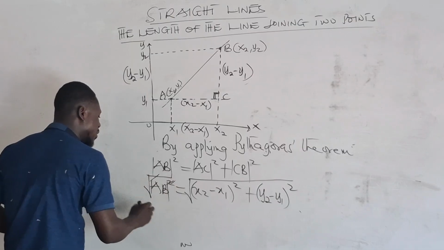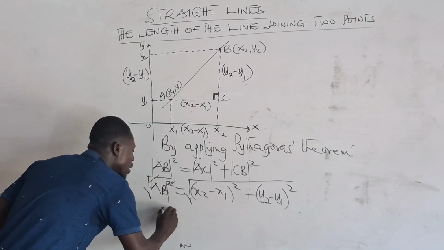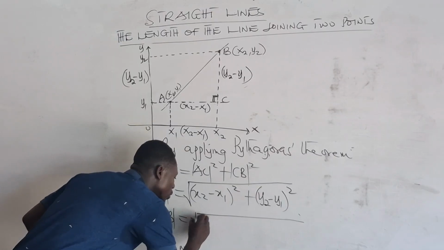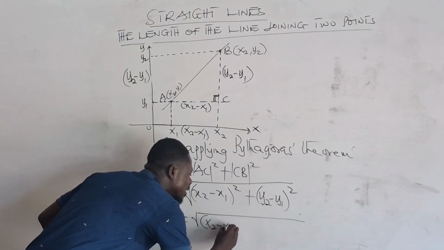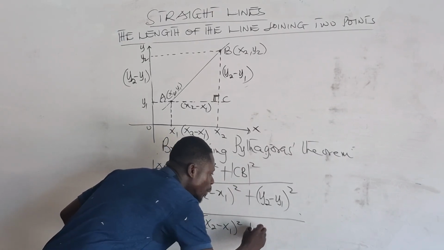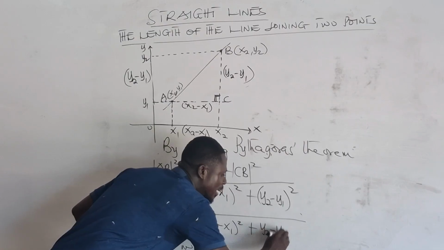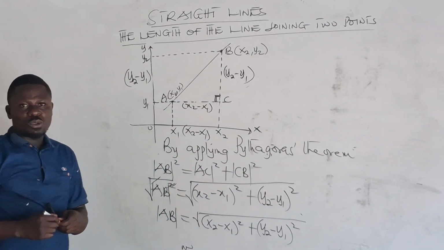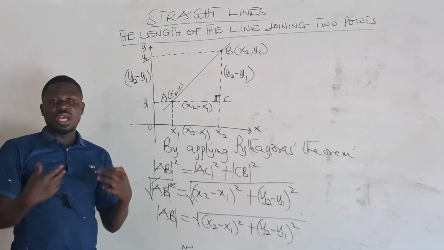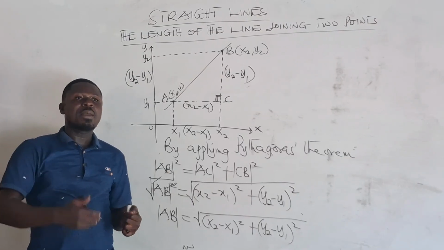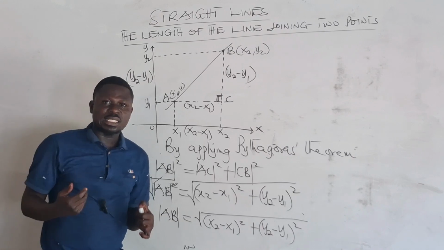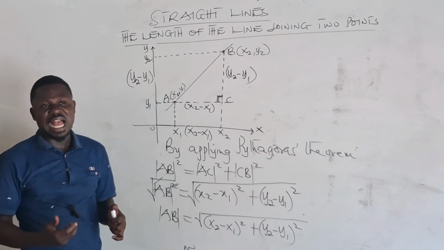This cancels this. So our AB is equal to the square root of x2 minus x1 all squared plus y2 minus y1 all squared. Now, we know that whenever we introduce square roots, there should be plus or minus, but because we are dealing with length, in length, there is no negative figure.